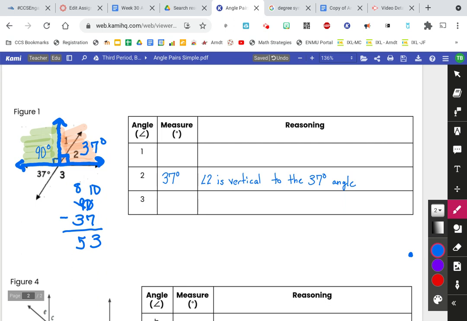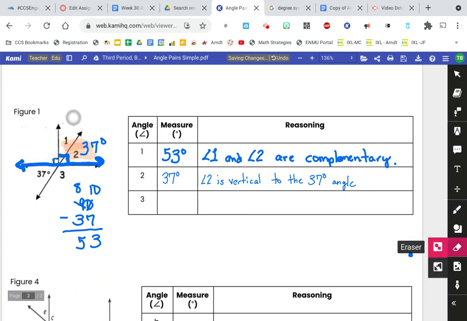And I can conclude that angle 1 is 53 degrees. And my reasoning is that angle 1 and angle 2 are complementary. And remember, complementary means that they sum to 90 degrees.